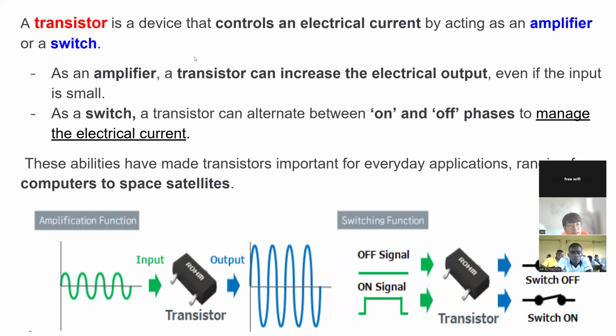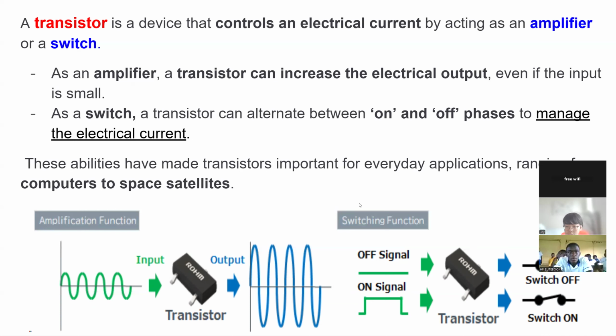What it does is that a transistor is a device that controls an electric current by acting as an amplifier or switch. As an amplifier, the transistor can increase electrical output. It can also function as a switch, so the transistor can alternate between on and off phases.